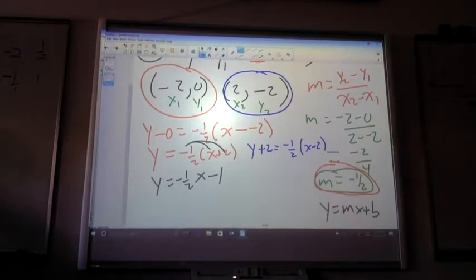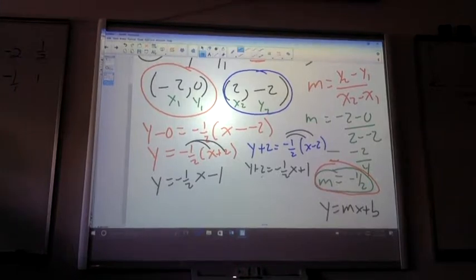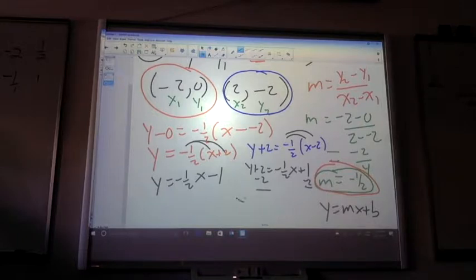Agree? On this one, if I distribute here and here, I get that. So I need to move this over, so I'm going to subtract 2 from both sides. And lo and behold, what happened here? Is this answer the same as this answer?